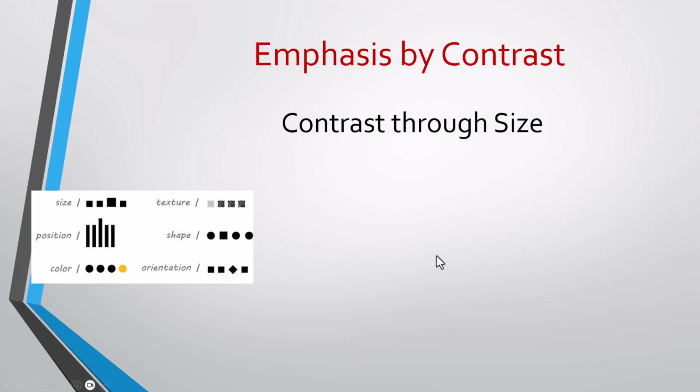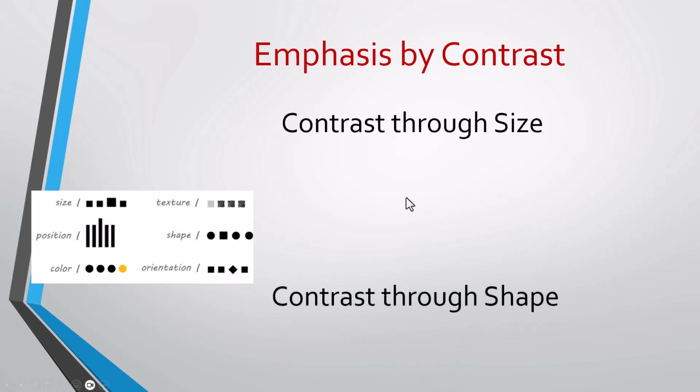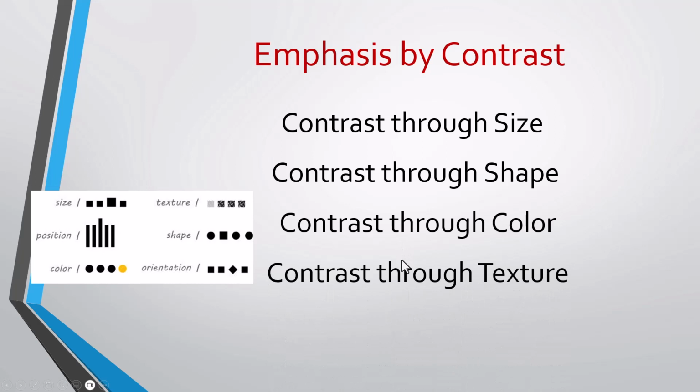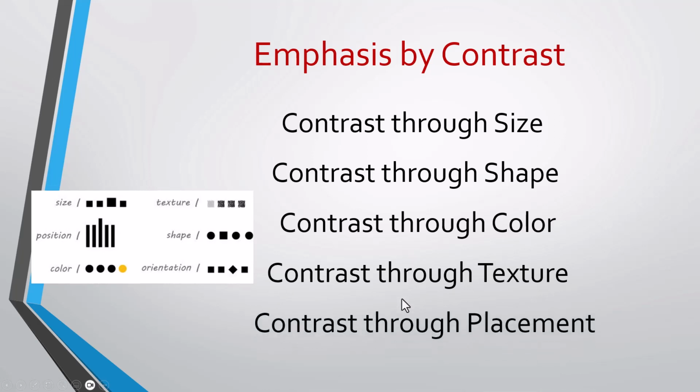We use size, make it bigger, make it smaller. We can use shape, make it a different shape than everything else. We can use color, change the color. Contrast through texture, contrast through placement.